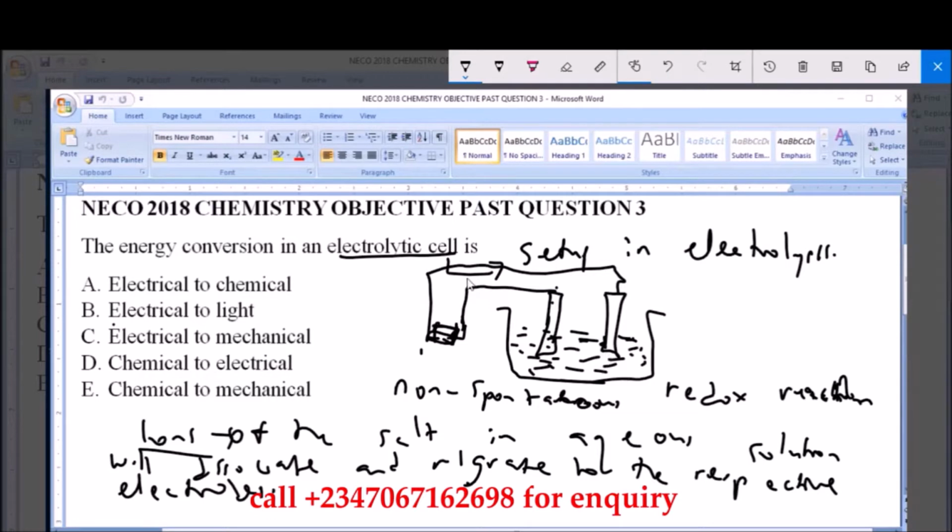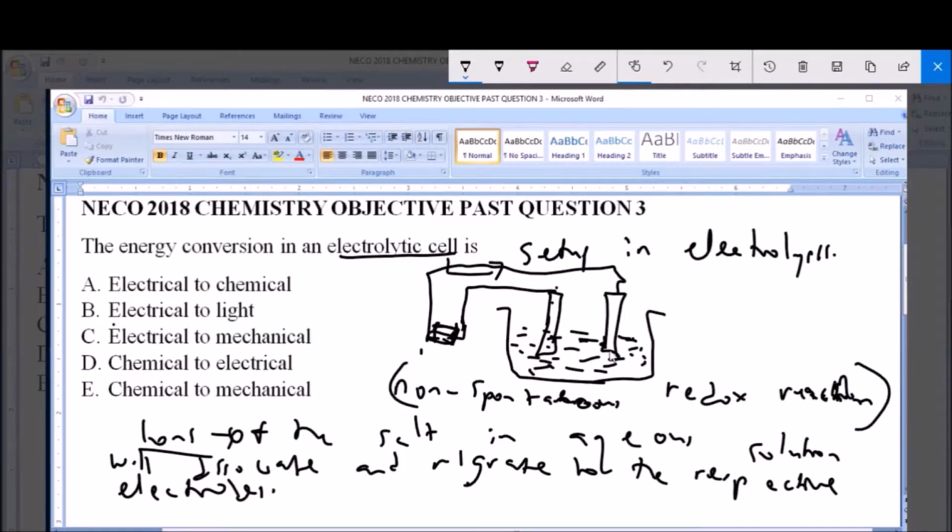So what is happening here is that the electrical energy is being converted to chemical energy, because like I said, what will occur when the electrical current gets into the solution is non-spontaneous redox reaction, which is a chemical process. So it is electrical energy being converted to chemical energy. So electrical to chemical is option A, and is the correct answer to this question.